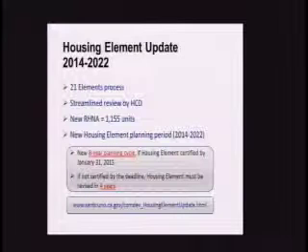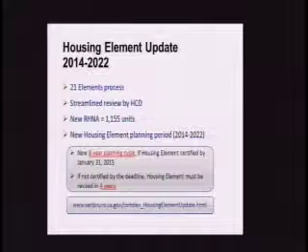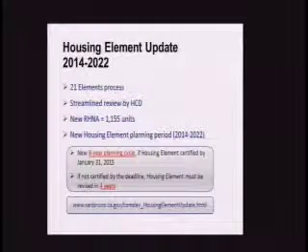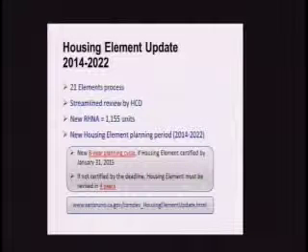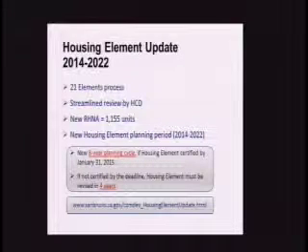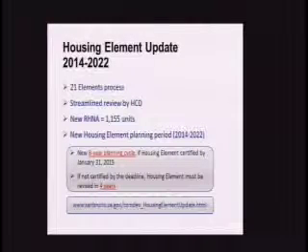We're also, the entire 21 Elements is working towards what's called a streamlined review by HCD, the Housing and Community Development Department. And this would allow an expedited review of the housing element, which is important because the housing element has to be adopted by January 31st, 2015.